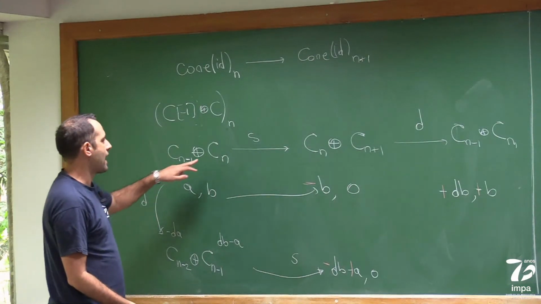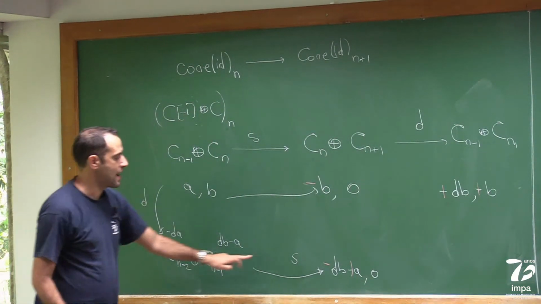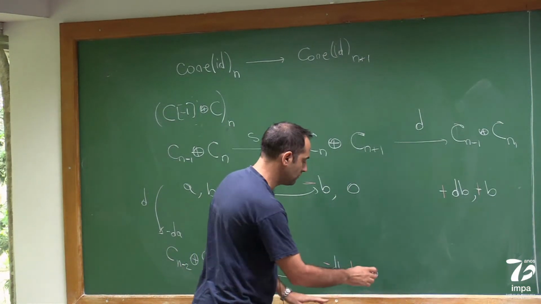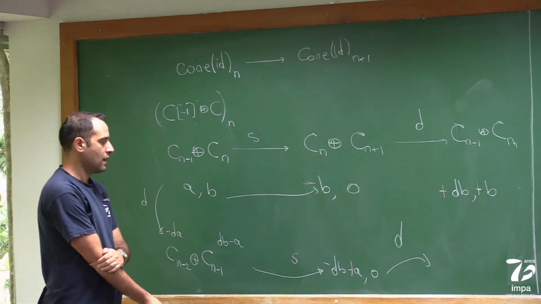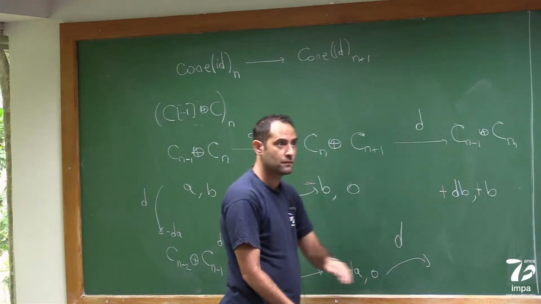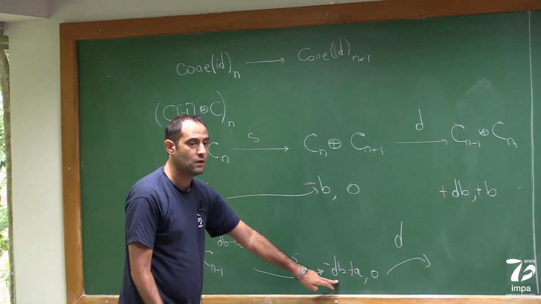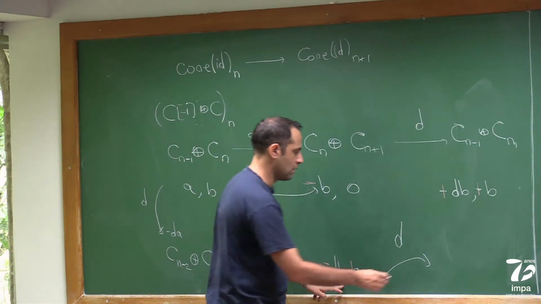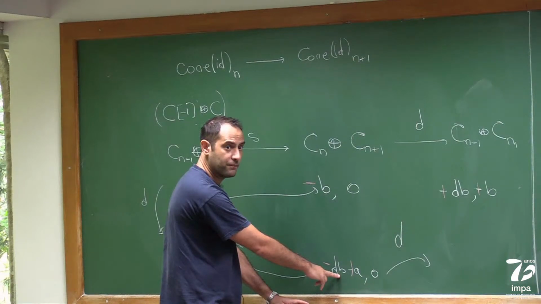And we can take either of these expressions we have. I want to take d, then s, and now I need to take d again. And, well, it sends 0 to 0 in the second component. So that's not much of a problem. But it sends the first one to d on the first one. And then d squared of B is 0.